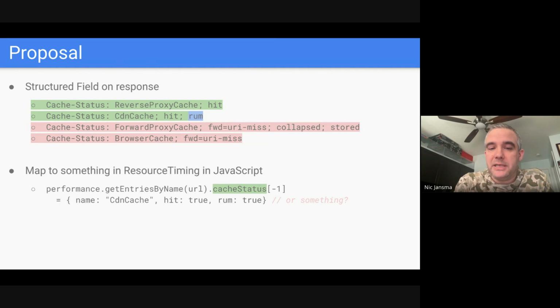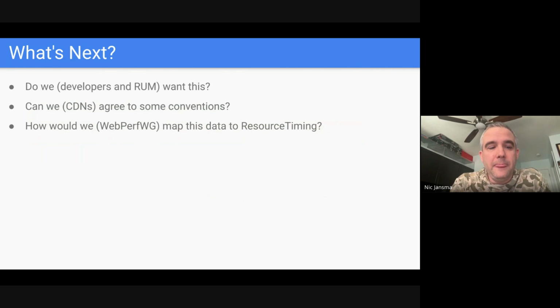That would help protect against other caches closer to the user that might be privacy invasive. And then it would map to something in JavaScript land. Who knows if it would look like this or something similar, but you get the point. It was a hit, for example. So that's a very rough proposal.